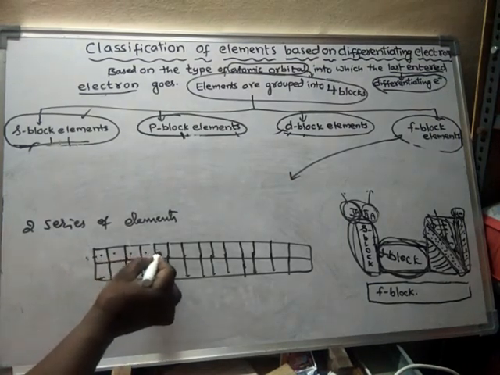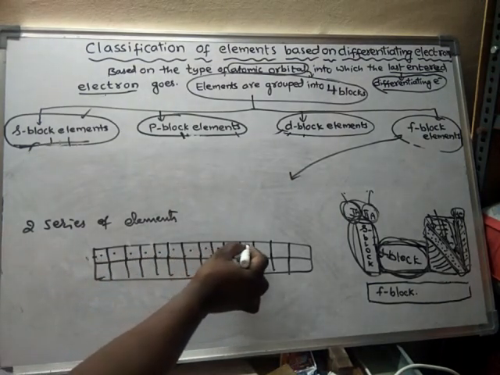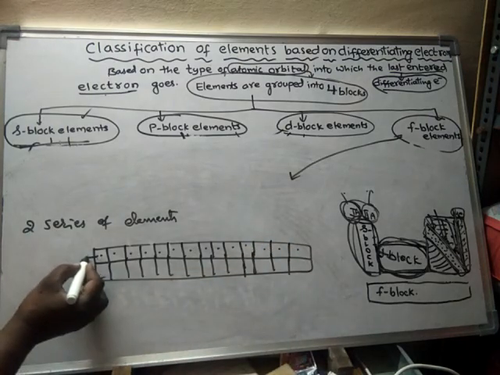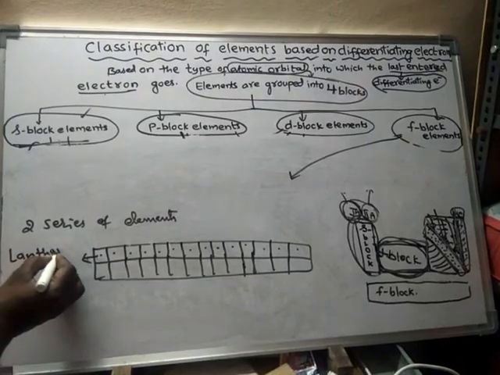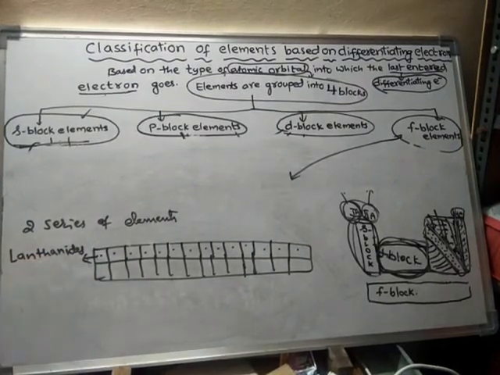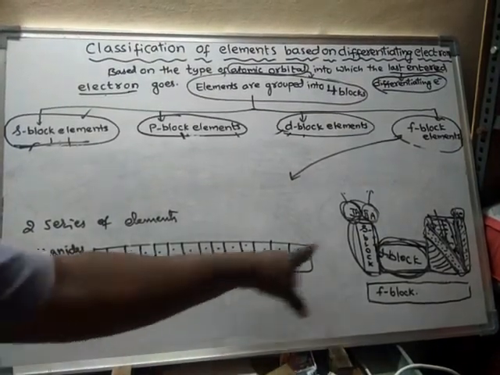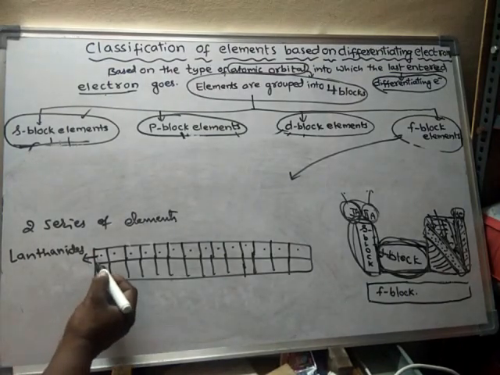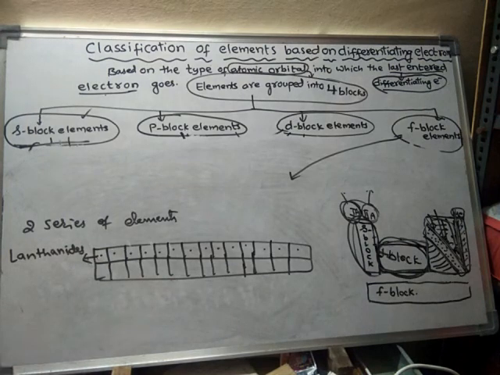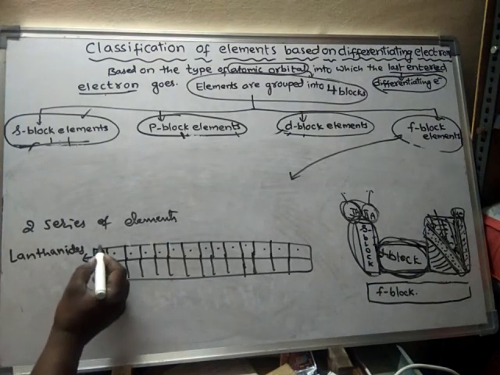So the first series of 14 elements is called the lanthanide series, or simply lanthanides. All the 14 elements together, we call them lanthanides. Here, the first element of lanthanide is cerium.